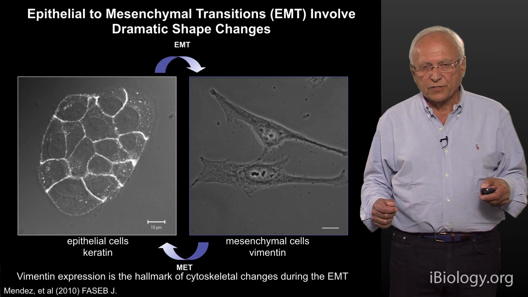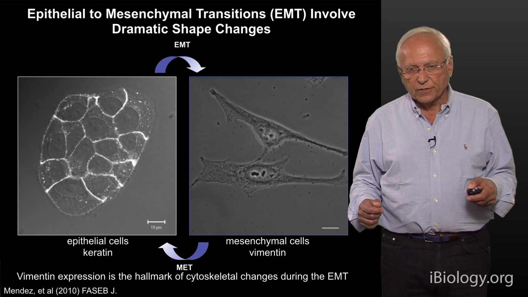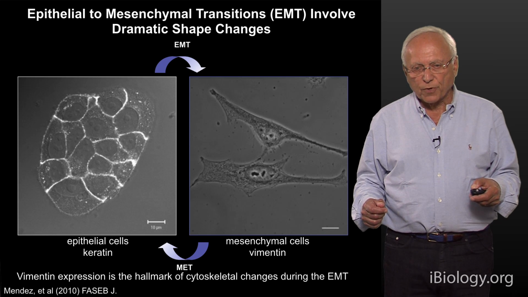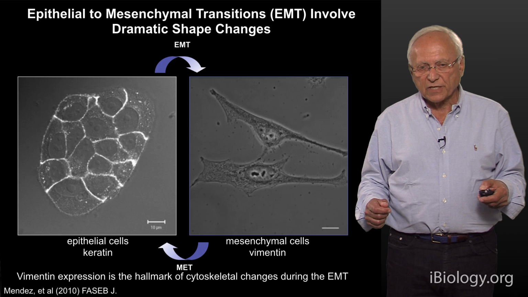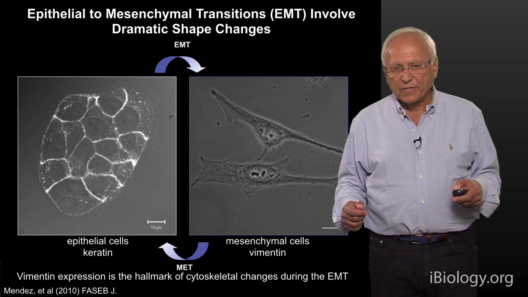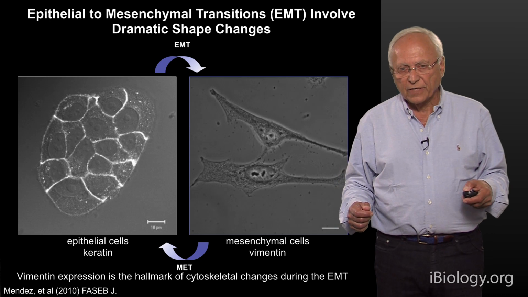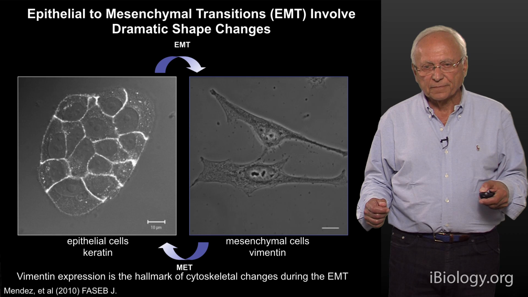And these changes in cell shape are always accompanied by an upregulation in Vimentin expression. Typically, epithelial cells, which you see on the left, express keratin, and when they go through the epithelial mesenchymal transition, they begin to express, and eventually Vimentin is expressed at very, very high levels.